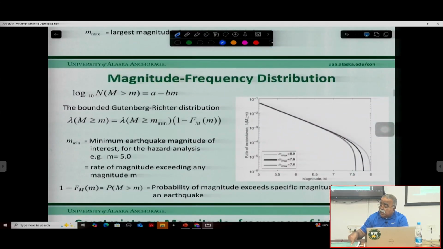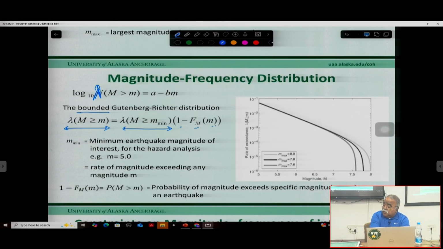So if you are doing this exceedance, we can call it log lambda. Okay, so this is log lambda m equals a minus bm. So lambda for m greater than or equal to m will be equal to lambda for m greater than or equal to m min, times 1 minus F_M of m. So this is your bounded Gutenberg-Richter scale.